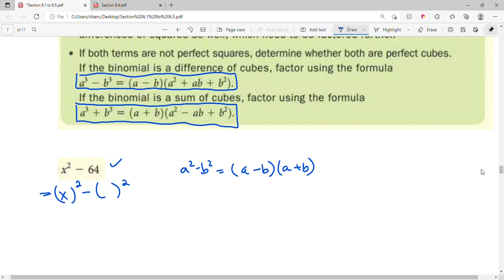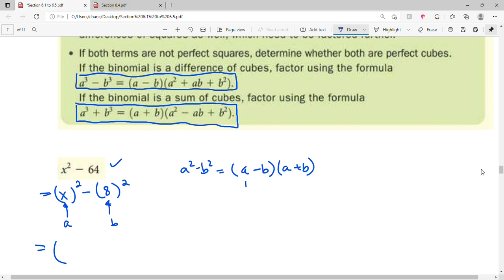Well, I needed x here because x squared is just x squared. And we needed 8 here because 8 squared gives me 64. So these two are the same polynomial in a different form. Then I can figure out what's the a and what's the b. So that allows me to use the formula now.